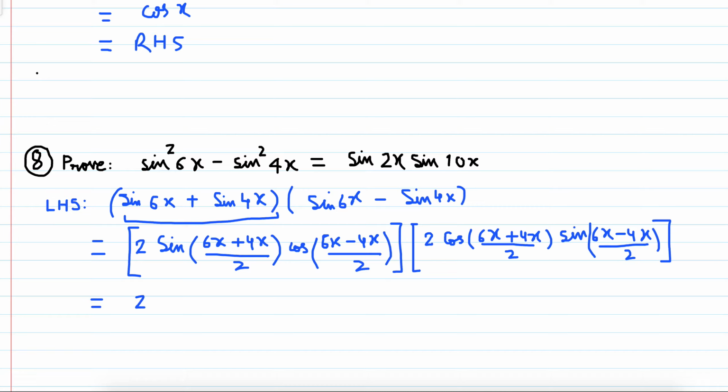So it becomes 6 plus 4, 10 by 2, is sine 5x. And cos 2x by 2 is cos x.